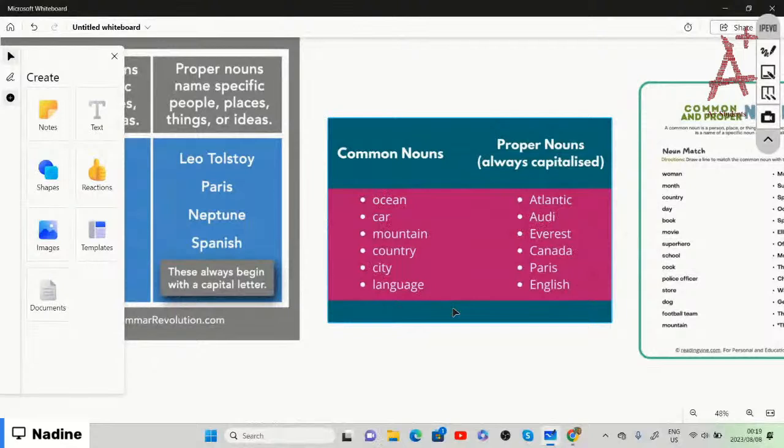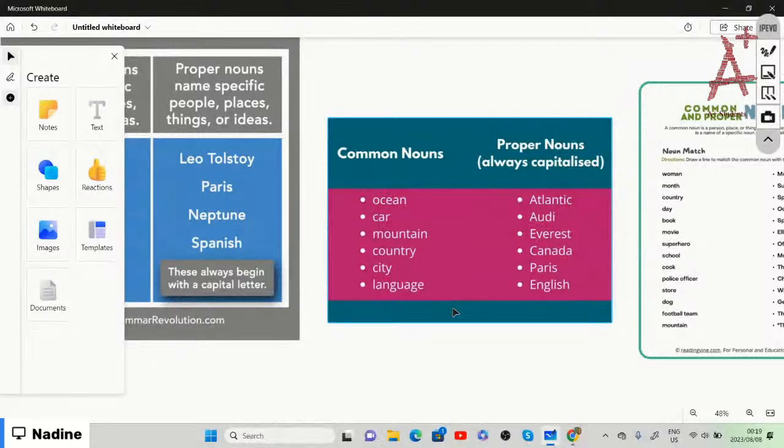We make mention of a specific city, and that is a proper noun. Lastly, instead of just commonly making mention of language, we can say English, Spanish, Arabic, whatever specific language.